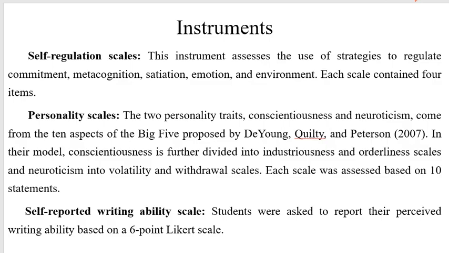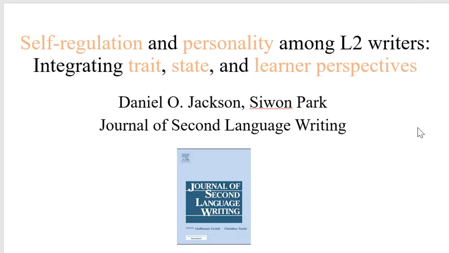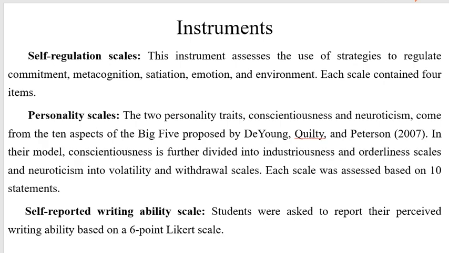There are 3 instruments in Study 1, and all of them are questionnaires. The first one is the self-regulation scales. This instrument assesses the use of strategies to regulate commitment, metacognition, satiation, emotion, and the environment.